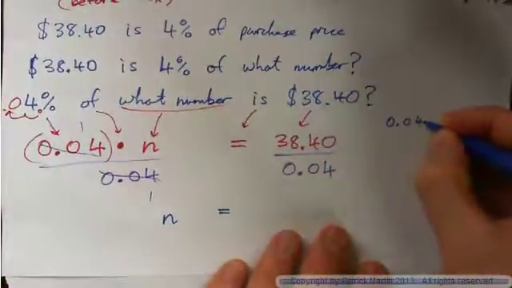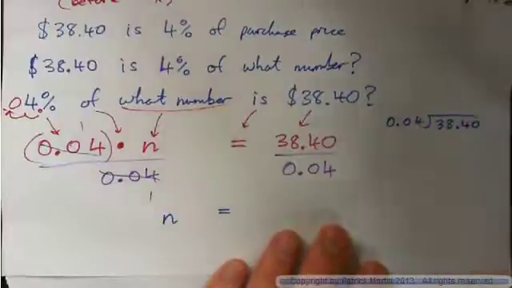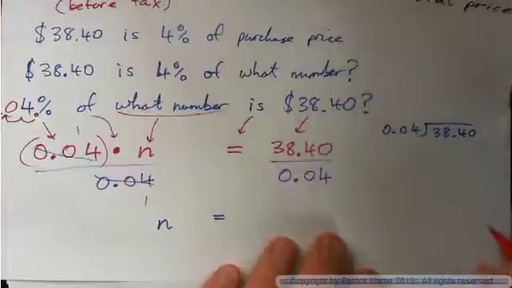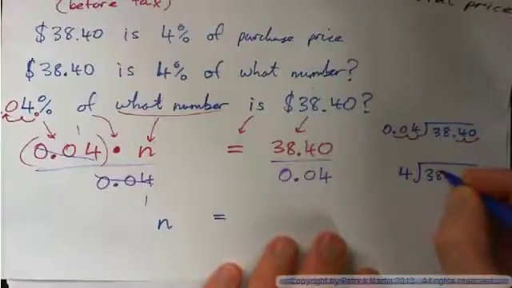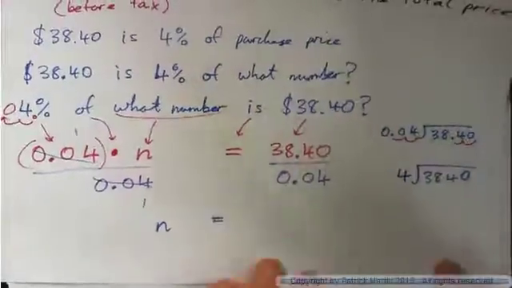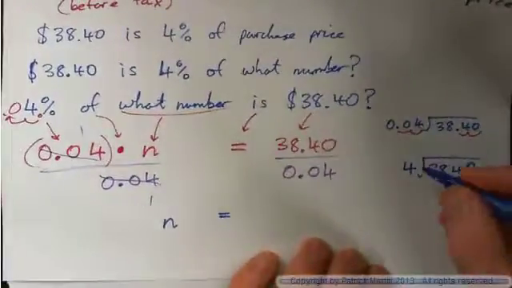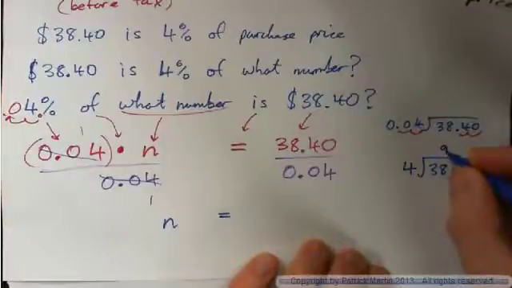So it's 38.40 divided by 0.04. And I can't divide by a decimal, so I need to move the decimal point 2 spaces to the right on both of these, of course. So that's going to be 4, a whole number, into 3840. So 4 into 3 won't go, but 4 into 38 goes how many times? 9 times. Remainder 2.